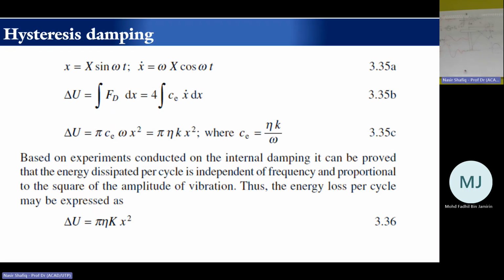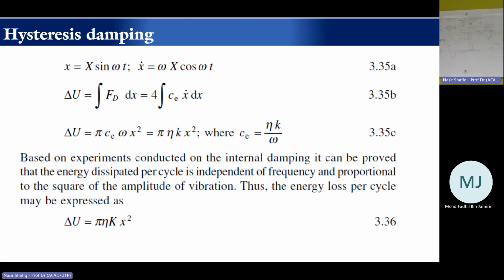With the integration of that, the total energy loss is equal to pi eta k X square, where the hysteretic damping coefficient Ce is equal to eta k upon omega.